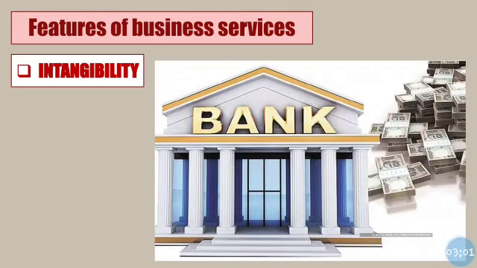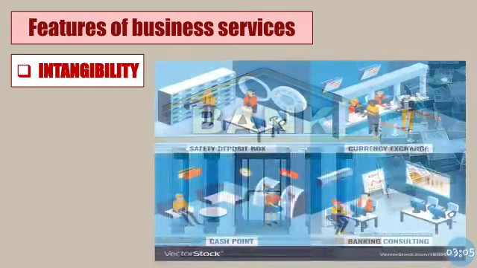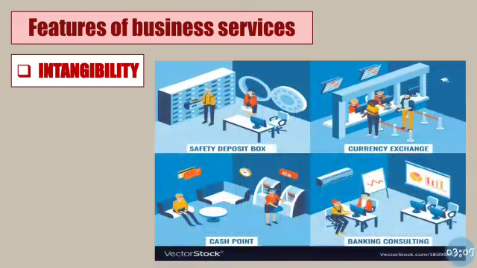See, the bank is visible, but what about banking services? Banking services are in intangible form. Of course, the bank is providing various types of services and it is beneficial for the consumer also. But all those services don't have any sort of tangible form.